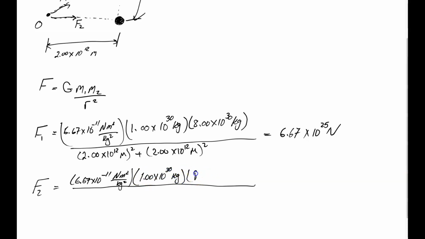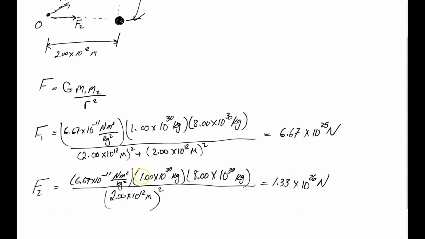The mass of the other one is 8.00 times 10 to the 30th kilogram. And now the distance between this point and this point is only 2.00 times 10 to the 12th meters quantity squared. And this gives us about 1.33 times 10 to the 26.